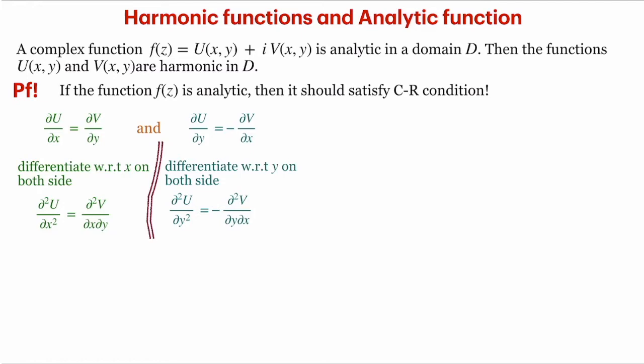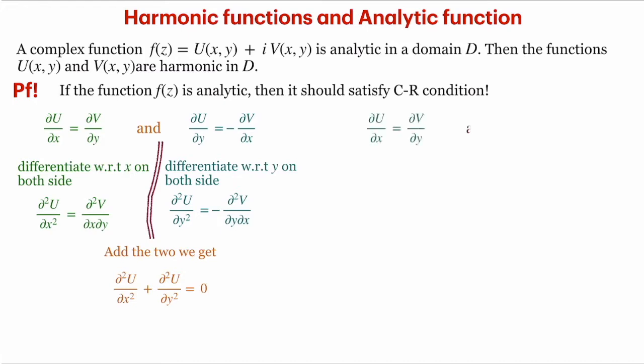Then we get del square u by del y square equal to minus del square v by del y del x. Now we add these two, and we get del square u by del x square plus del square u by del y square equal to 0. That means the function u is harmonic, given the condition that f(z) is analytic.